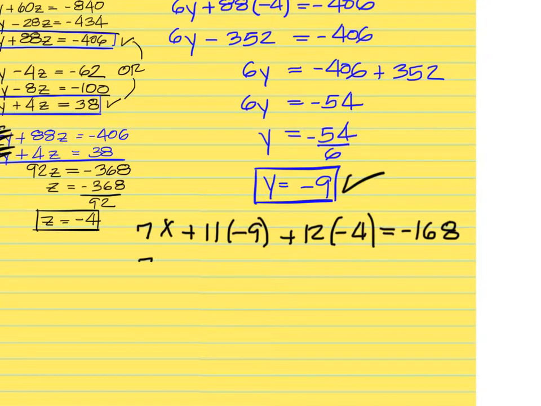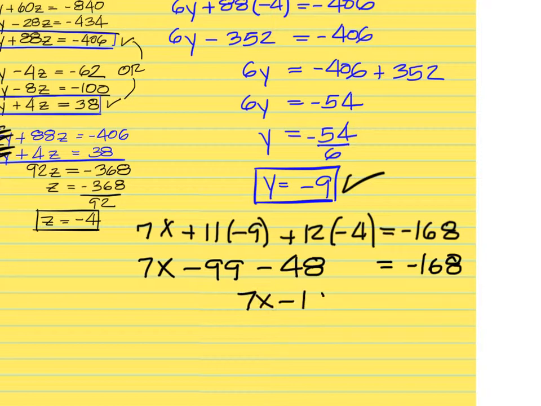Simplify that and get 7x minus 99 minus 48 equals a negative 168. And a negative 99 minus 48 is a negative 147, so we'll have minus 147 here.